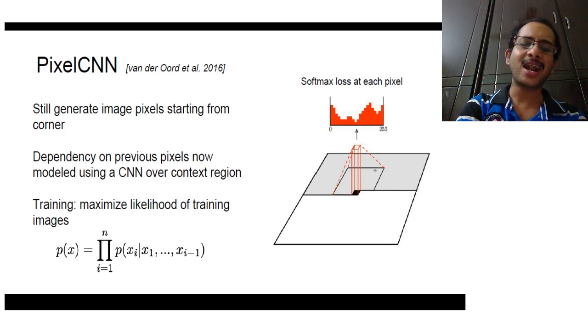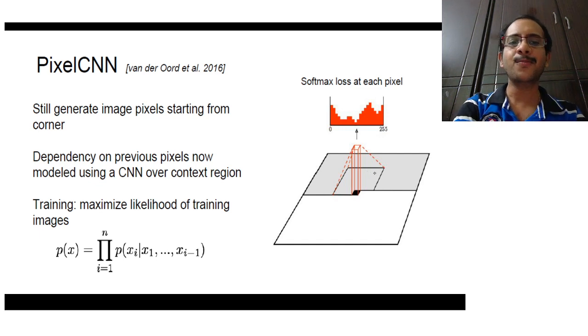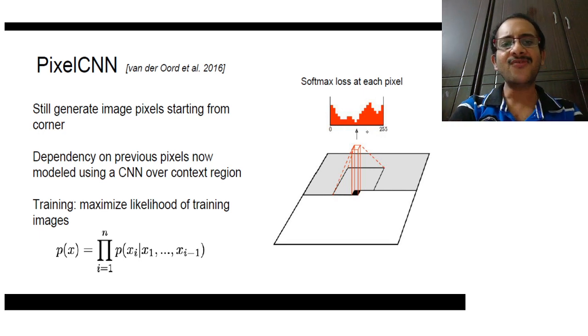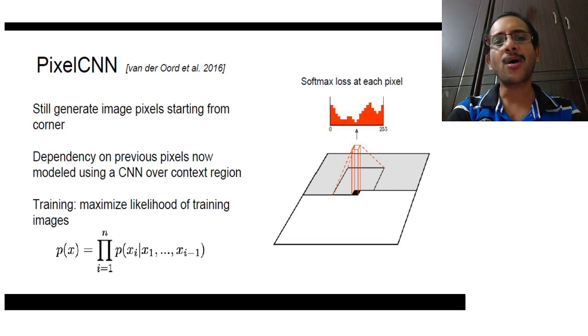All these pixels in one-dimensional form will be given as input to a one-dimensional convolution neural network, and the output probabilities are for each value the black pixel can take, 0, 1 and up to 255. These probabilities are the outputs given by the convolution neural network, and they help us assess which is the most probable pixel at that location.